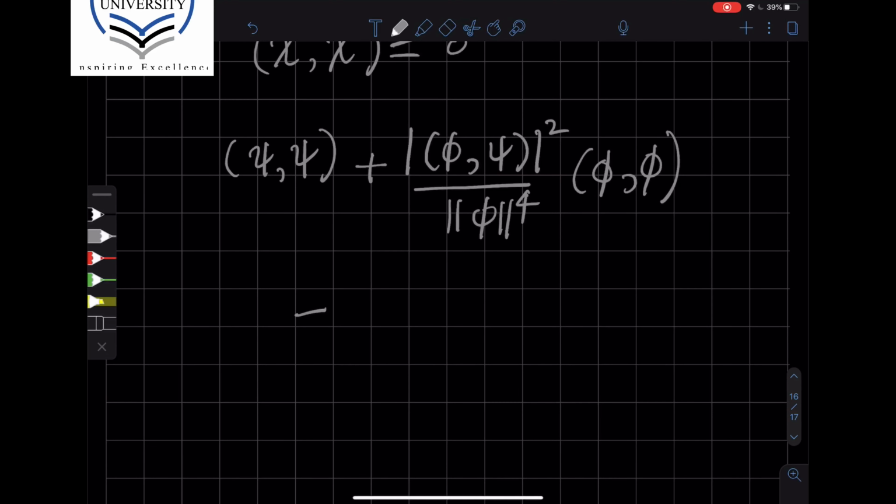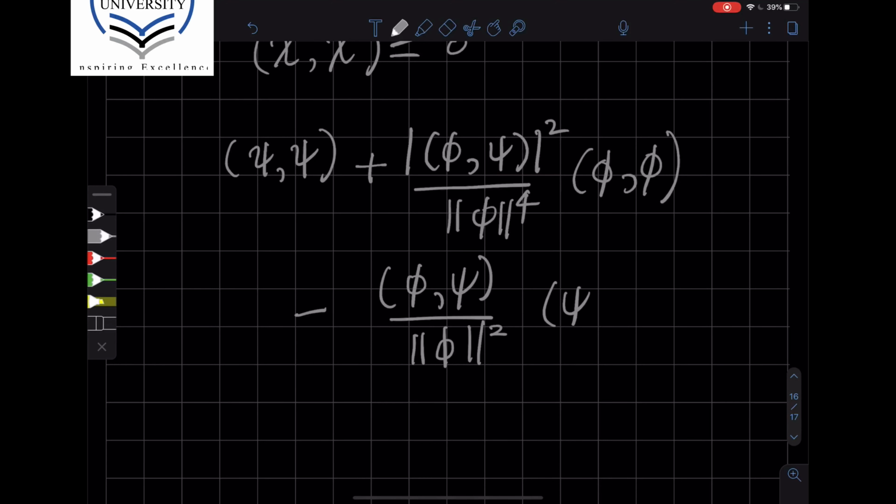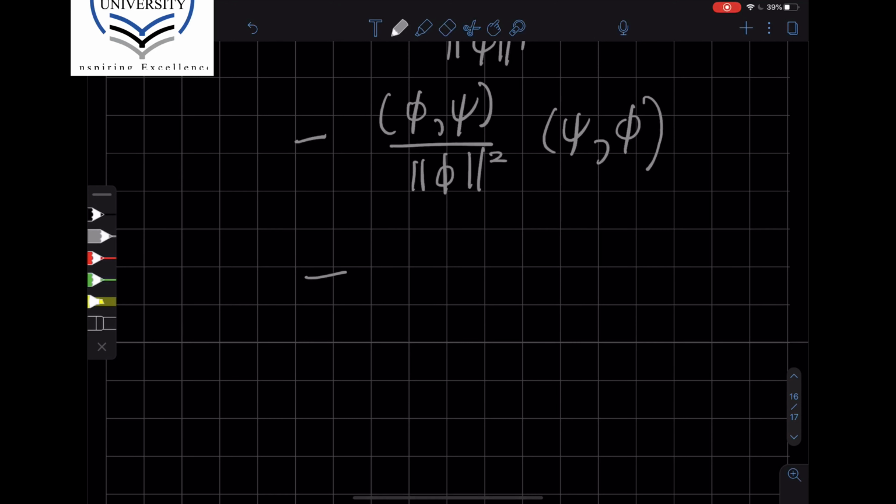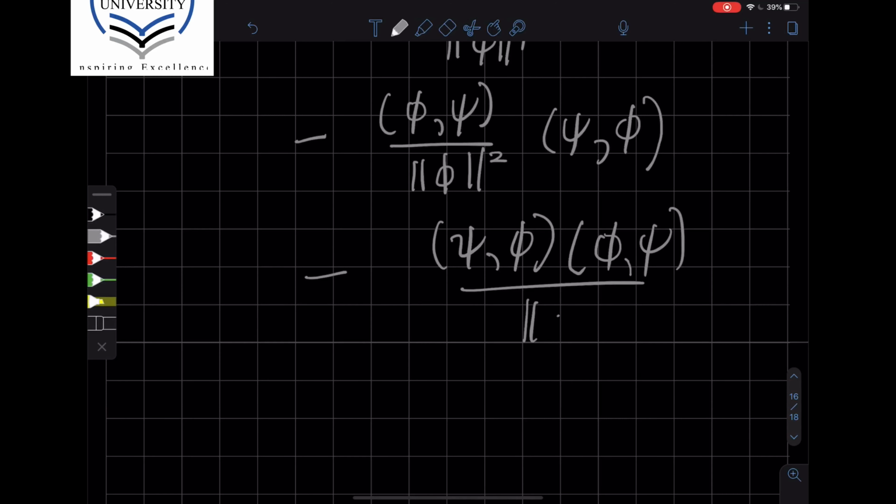The cross terms are the inner product of phi and psi divided by phi squared times the inner product of psi and phi, and another very similar term with psi and phi interchanged in the numerator. This whole thing is greater than or equal to 0.